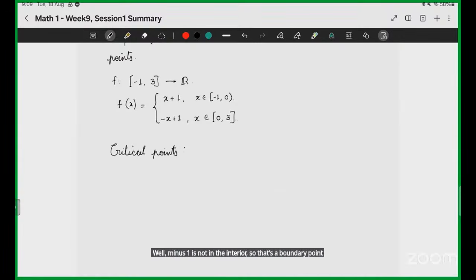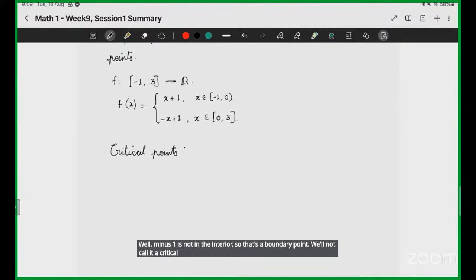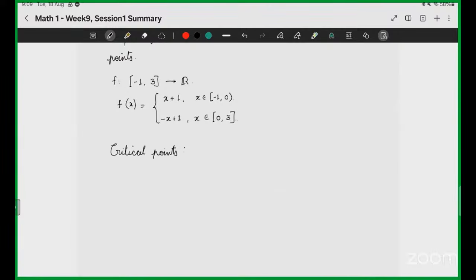We'll not call it a critical point. Is 0 a critical point? If yes, why?